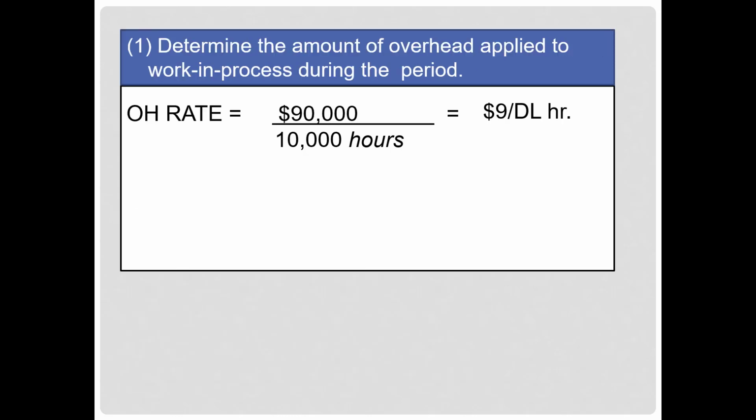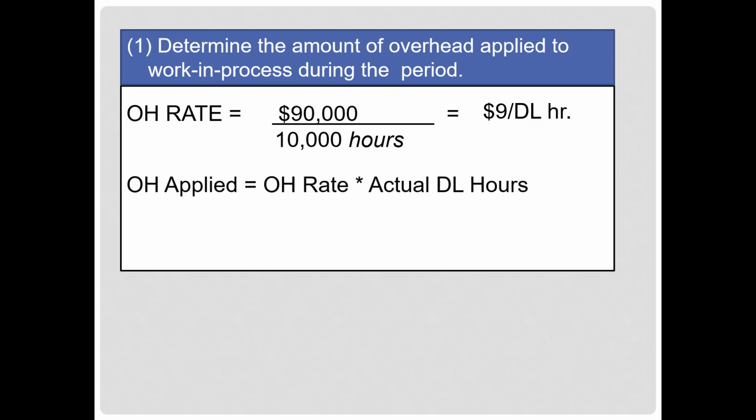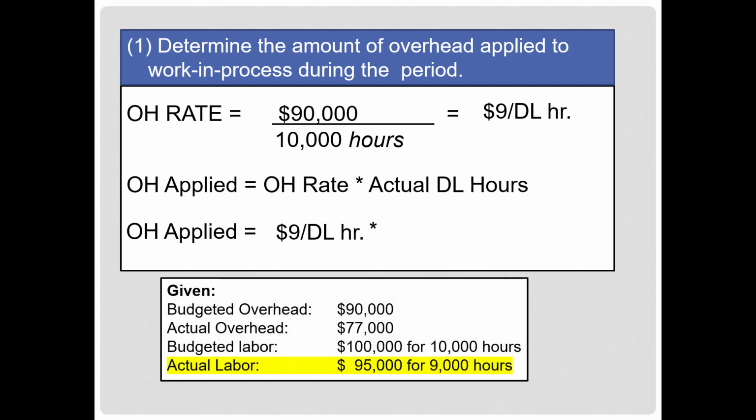Now to apply overhead, we'll take the predetermined overhead rate and multiply by the actual direct labor hours. So we'll take $9 per direct labor hour, and you'll recall that the actual labor cost was $95,000 for 9,000 hours.